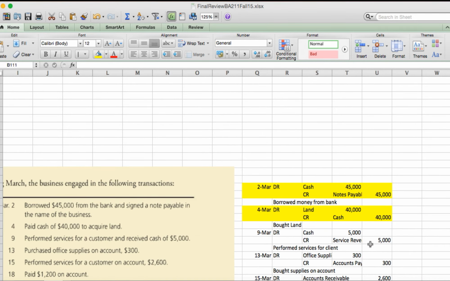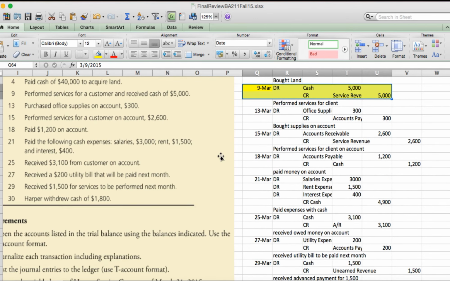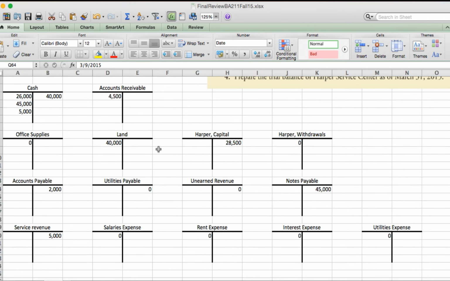Debit office supplies 300, credit accounts payable 300.